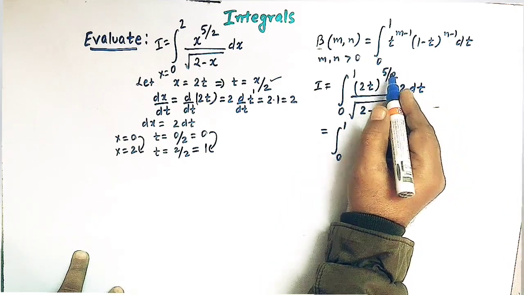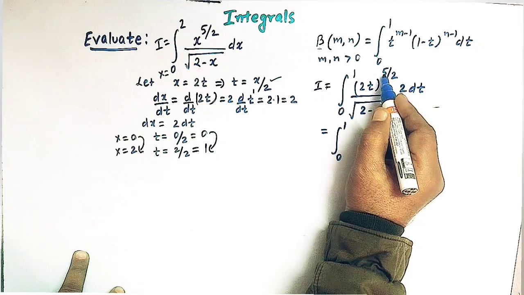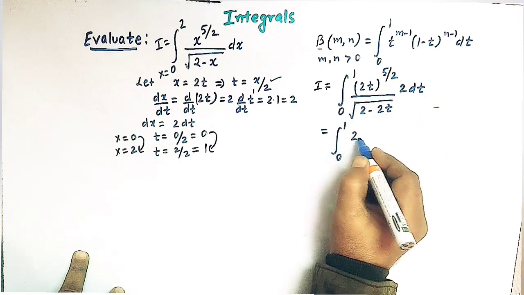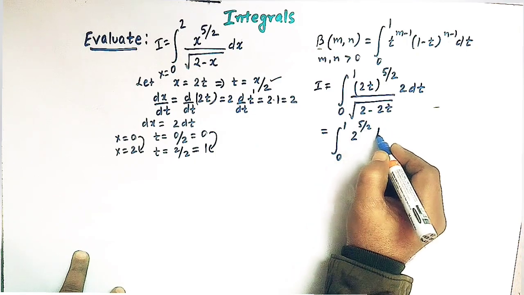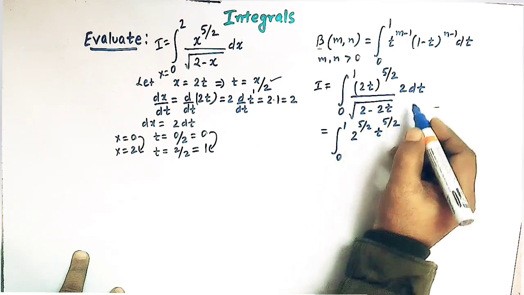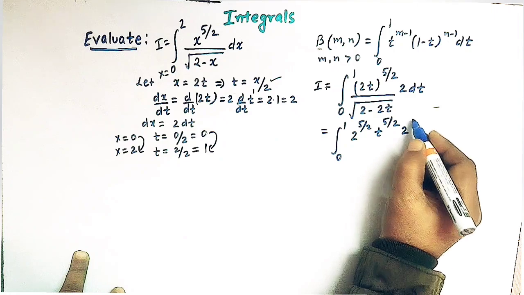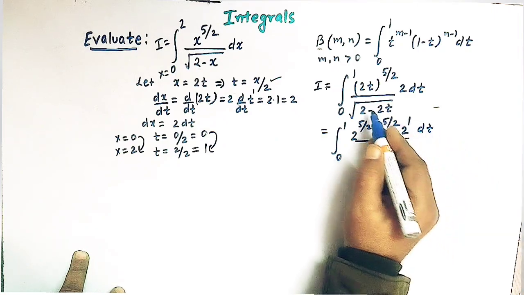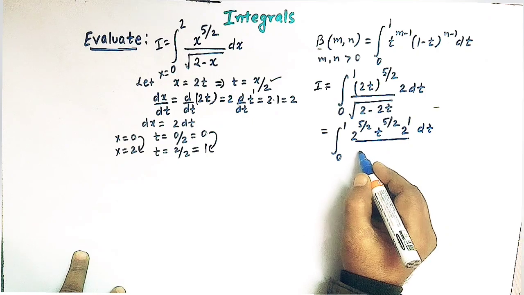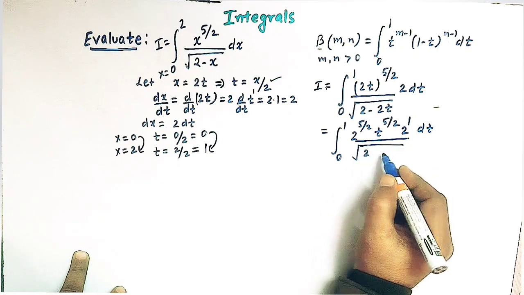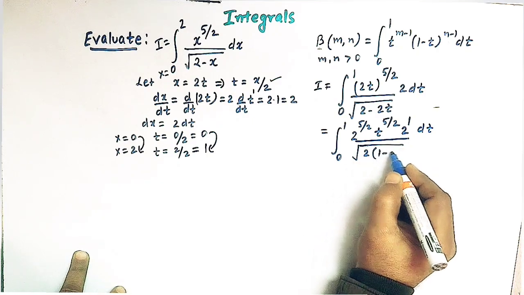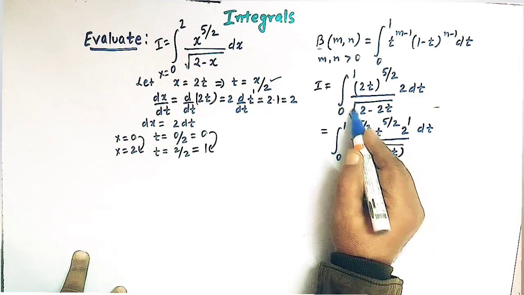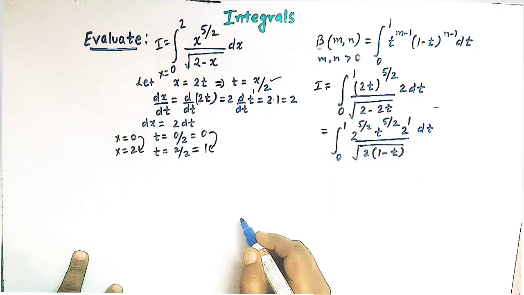So we can now distribute this power, that is 5 over 2, and t. So we have 2 raised to 5 over 2, t raised to 5 over 2. Here we have 2 raised to 1 and dt, and in the denominator we have square root of 2 times 1 minus t, taking 2 common under the square root sign.